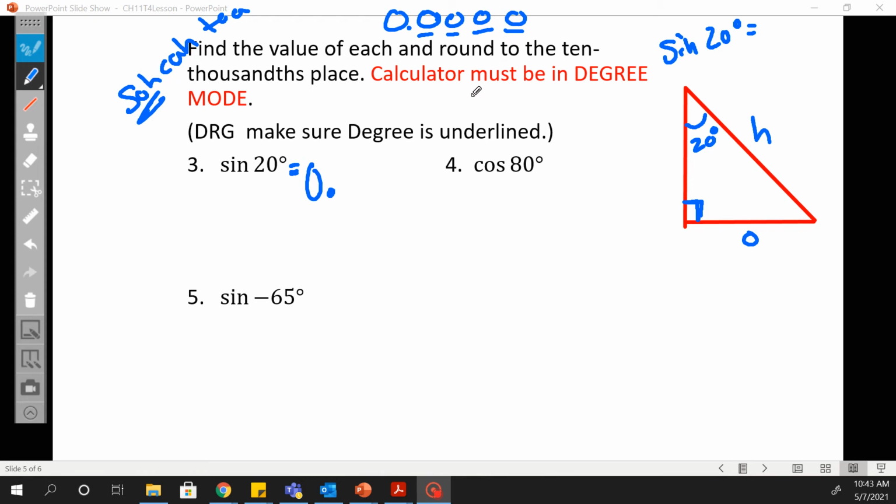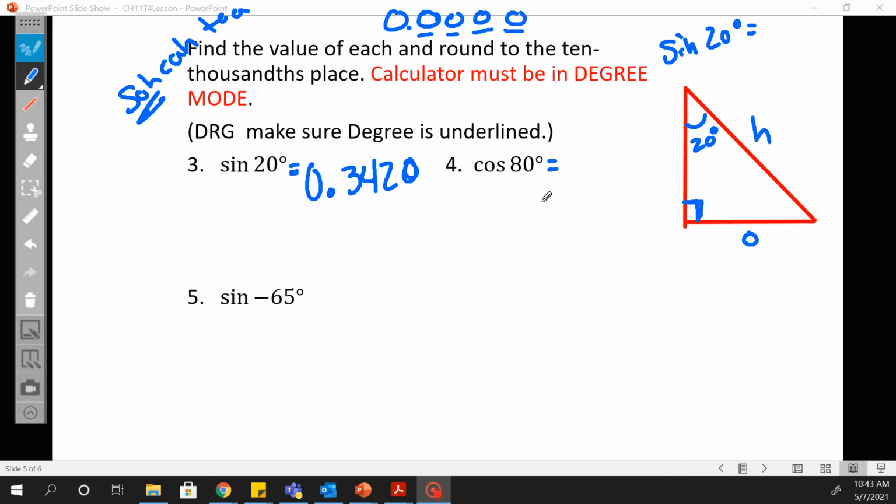So 0.3420 is the value to the 10,000th place for sine of 20 degrees. So the ratio of the opposite side over the hypotenuse for this 20-degree angle is 0.3420.